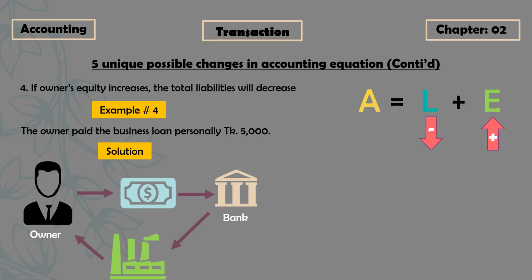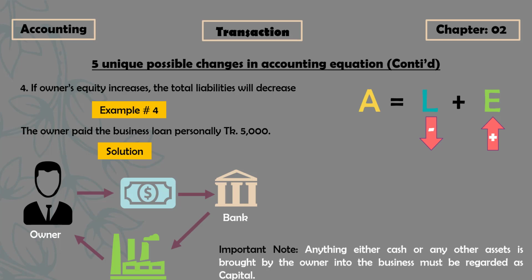One important thing that we need to remember, that anything, either cash or any other assets, brought by the owner into the business must be recorded as capital. So since owner on behalf of business paid the bank loan, equity or capital must increase.